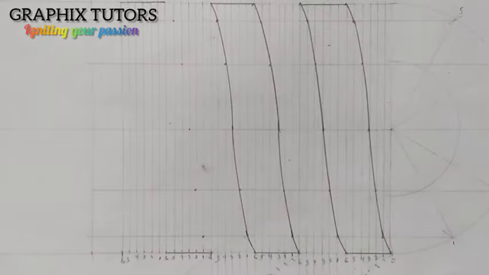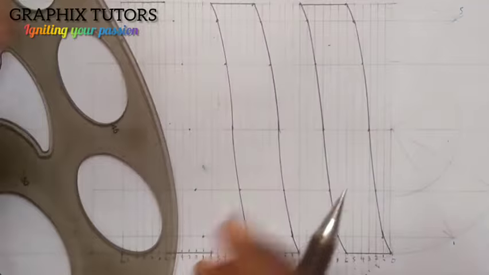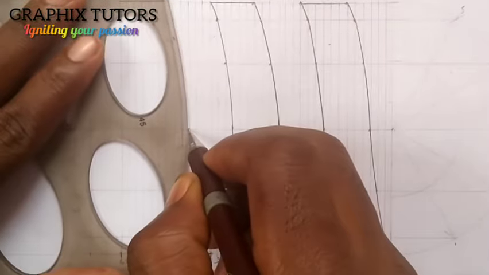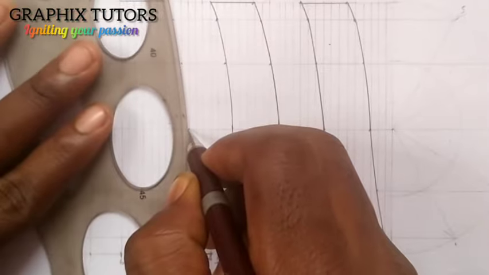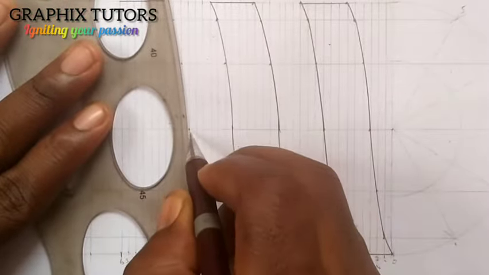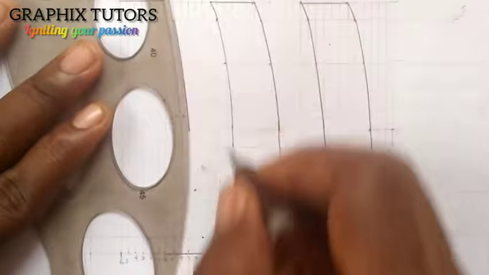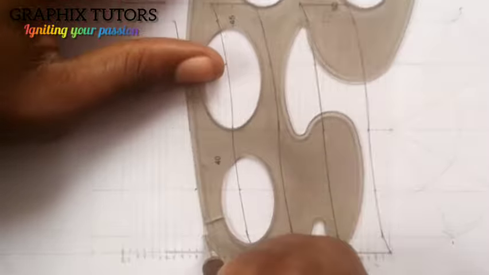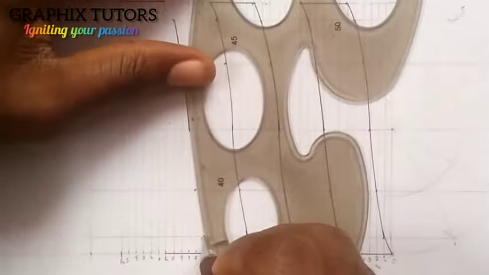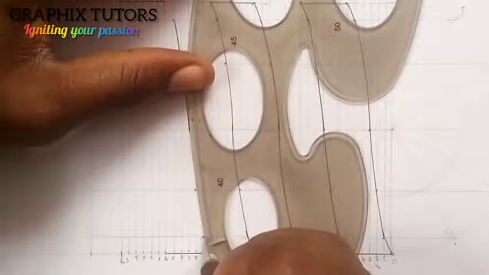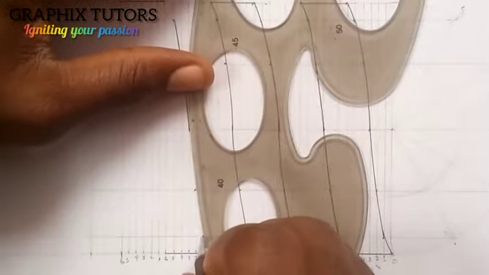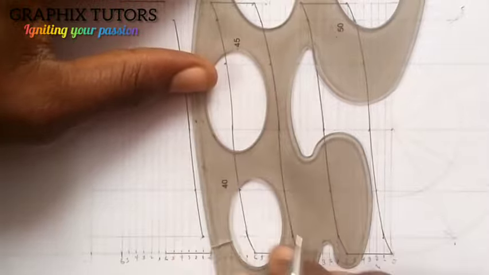Again we should use the French curve and connect at least the 3 points, this to this. I'll turn it, then this to this. I'll turn it.